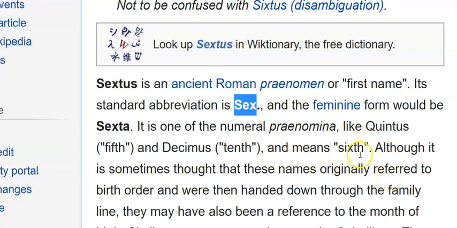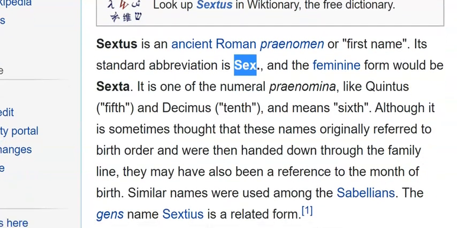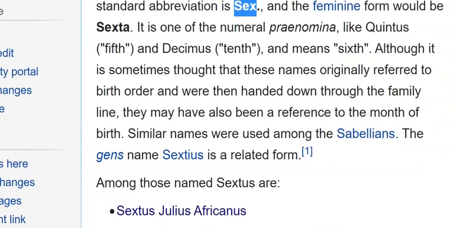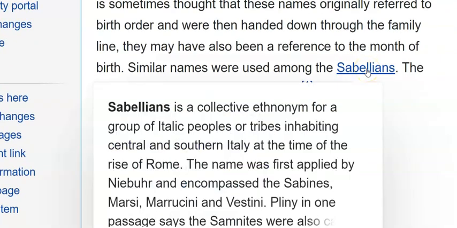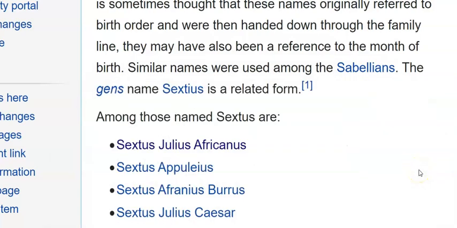It means sixth. So you can tell from reading this that this Roman stuff is basically fake, right? And there's the Sabellians for this that they were 7. You know what I mean?